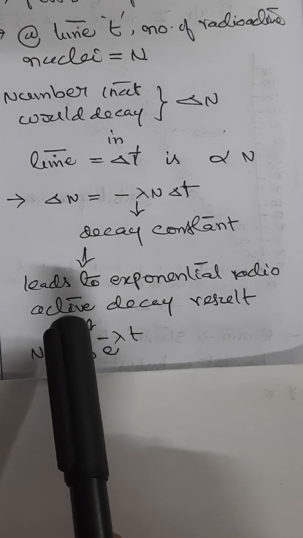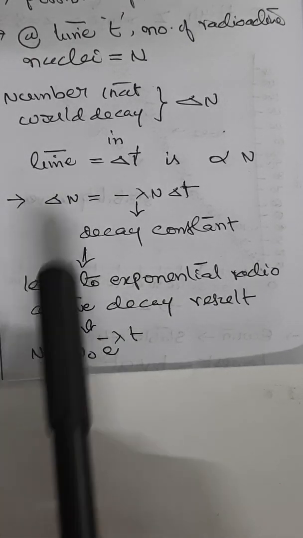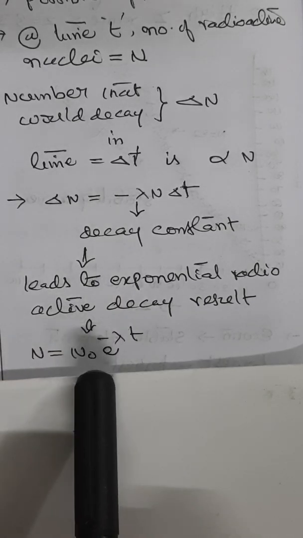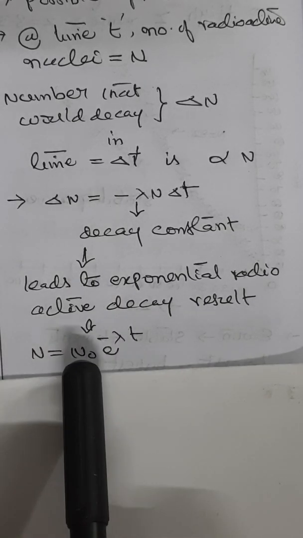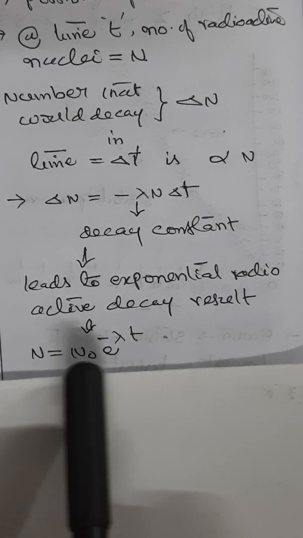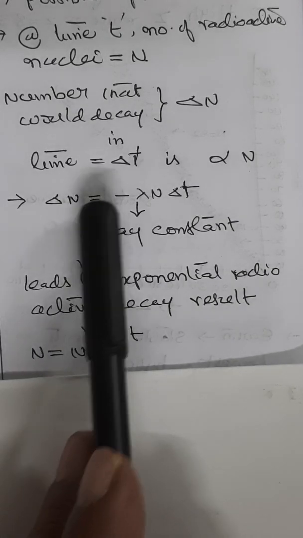Now without any further assumptions, this expression leads to the exponential radioactive decay result as N equal to N naught into e power minus lambda t. This is what we call the decay law. Down the line we will see how this equation can be arrived at from this.